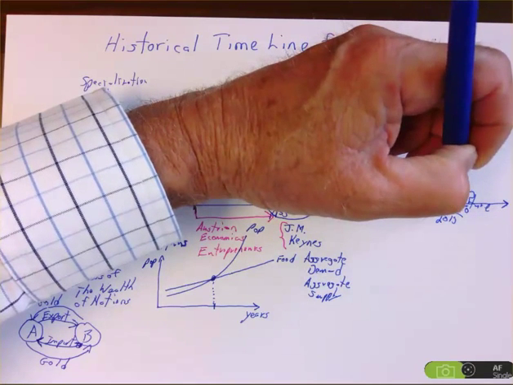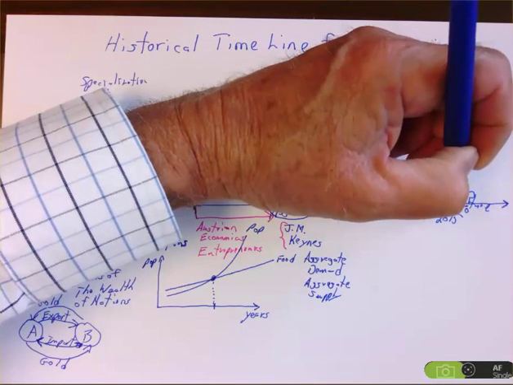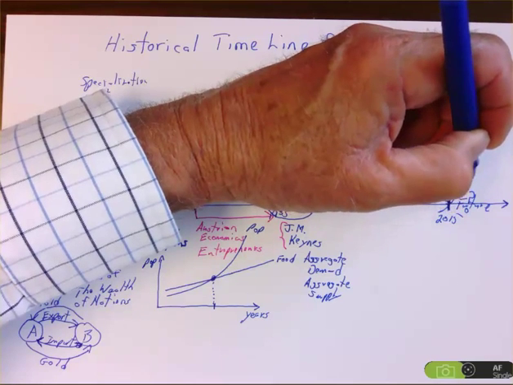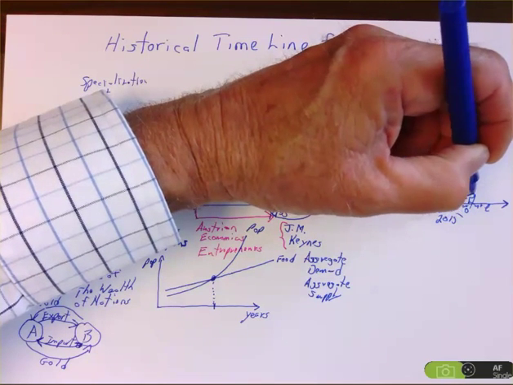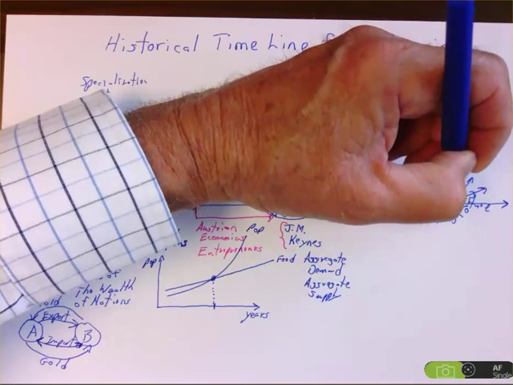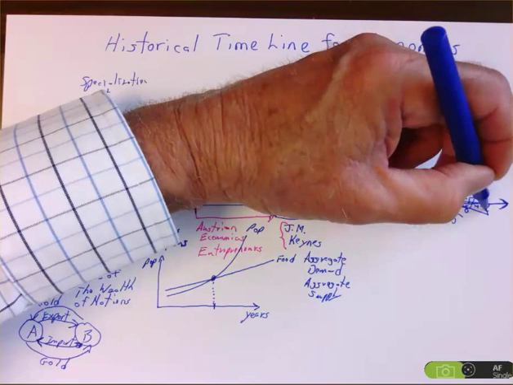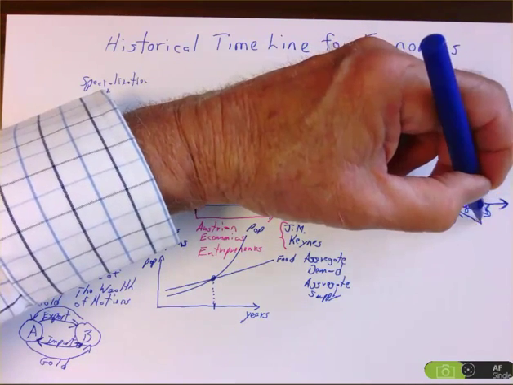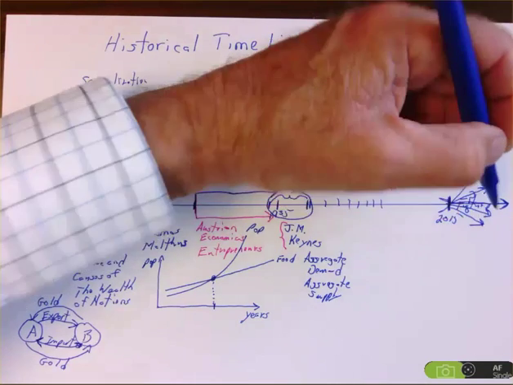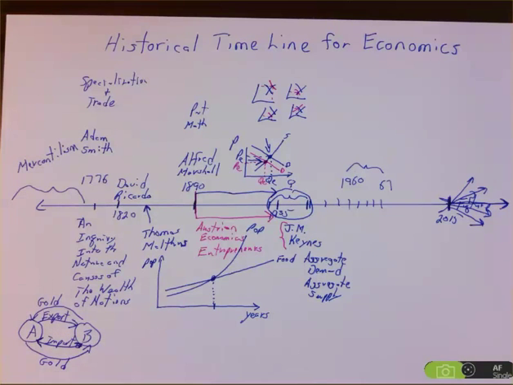But I like to think of the future as being indeterminate. That is, we can make different choices. We can go along this path, or we can go along this path if we make other choices. The future is indeterminate because it depends on the decisions that we make today, and also the decisions we make tomorrow, and so forth.